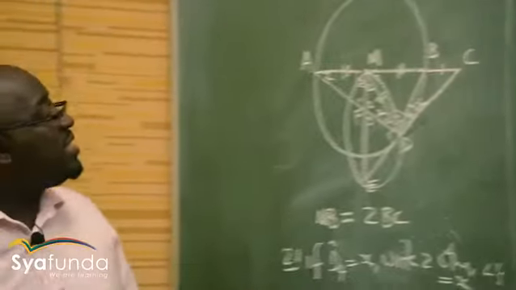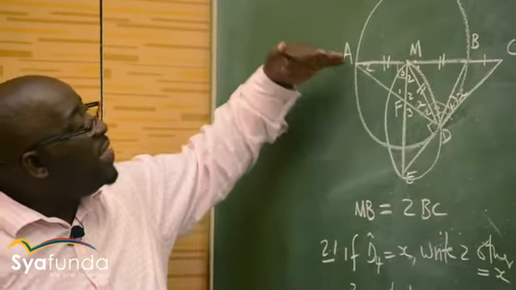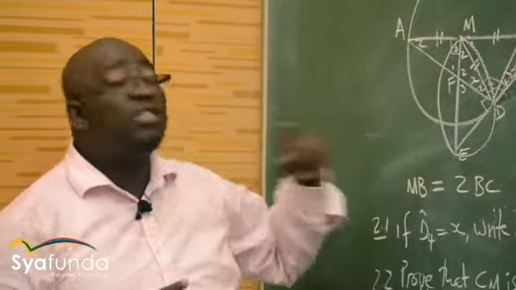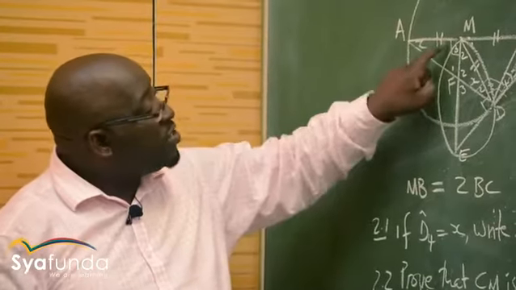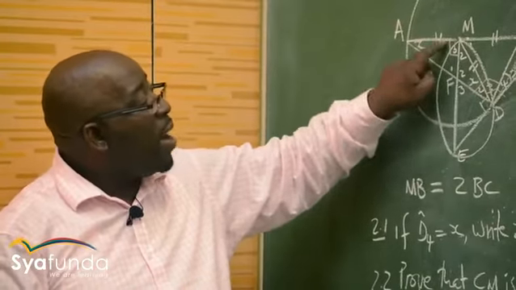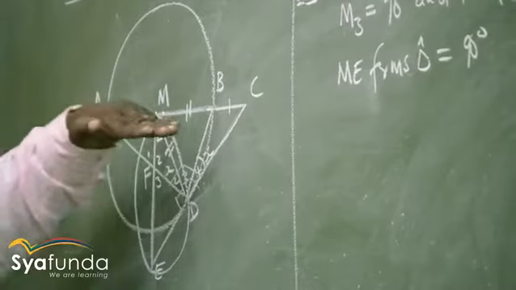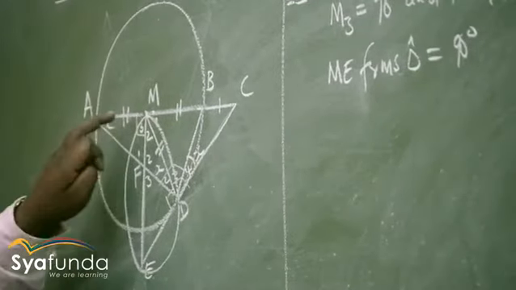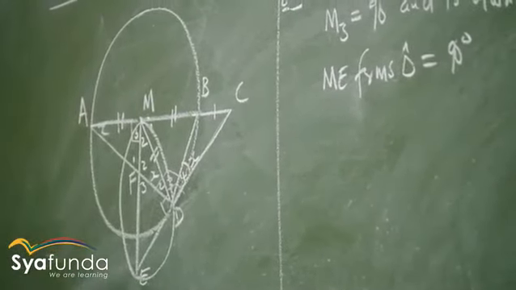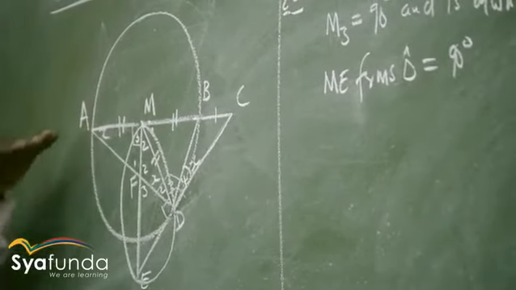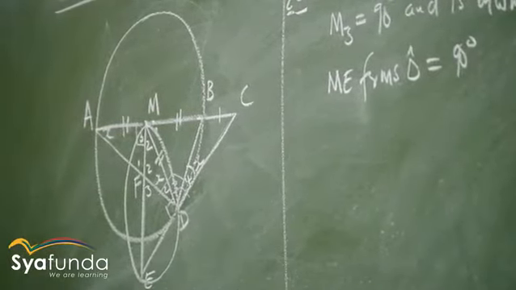And we can see that the angle between this line and the chord is also 90 degrees. So if these two angles are equal, the angle between a line and the chord is equal to the angle in the alternate segment. Therefore, we can safely say that this line is going to be a tangent.